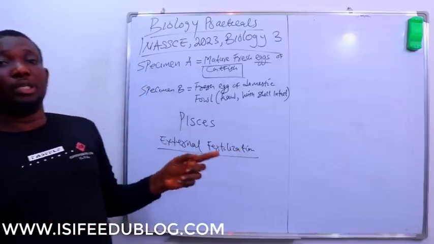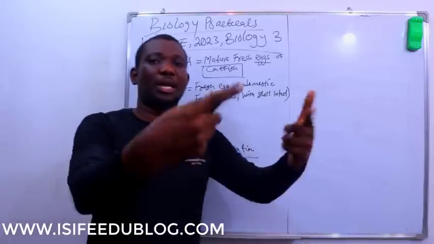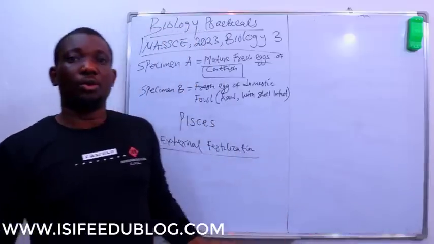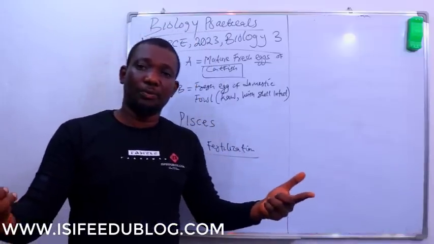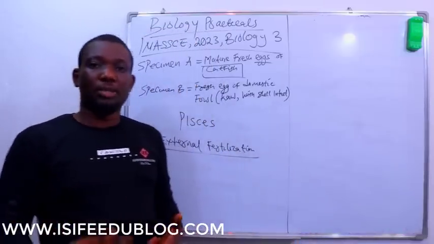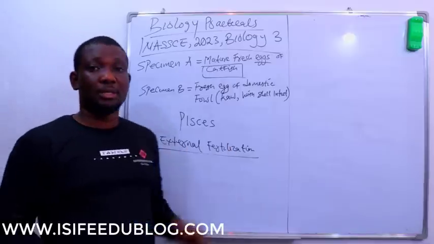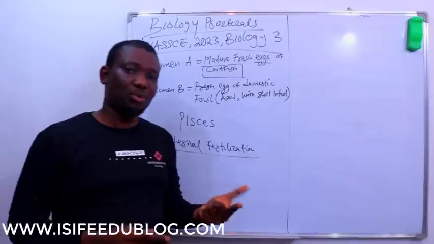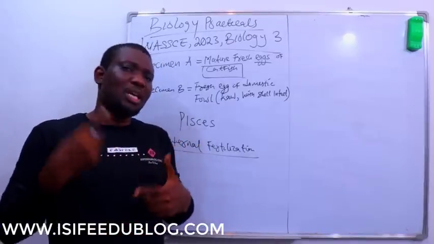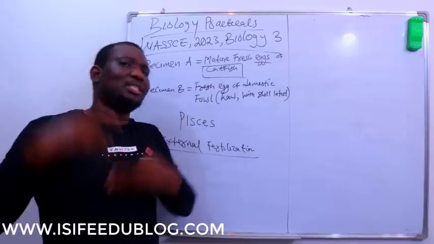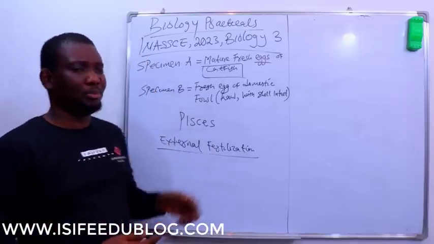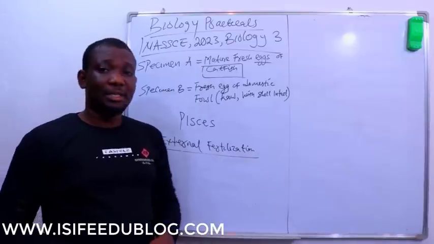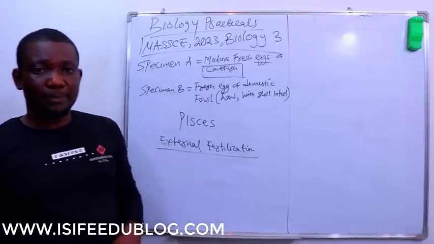This is the point where you can give another example of a class, which is amphibians, for example toad or frog. They also lay unfertilized eggs, so they also exhibit external fertilization. The examiner is trying to explore your mind to know if apart from fish, there is any organism that also exhibits external fertilization. Yes, you can answer it and earn your mark for that.